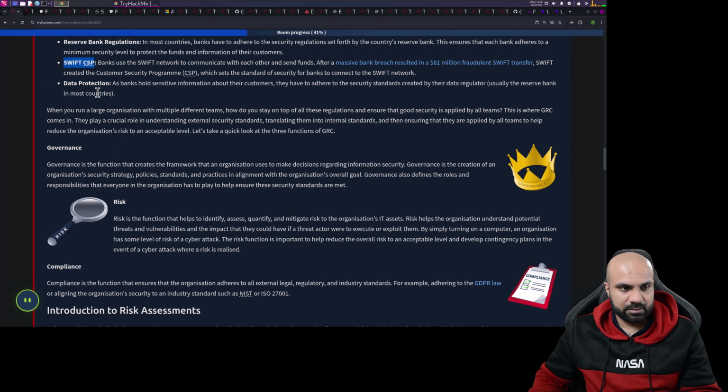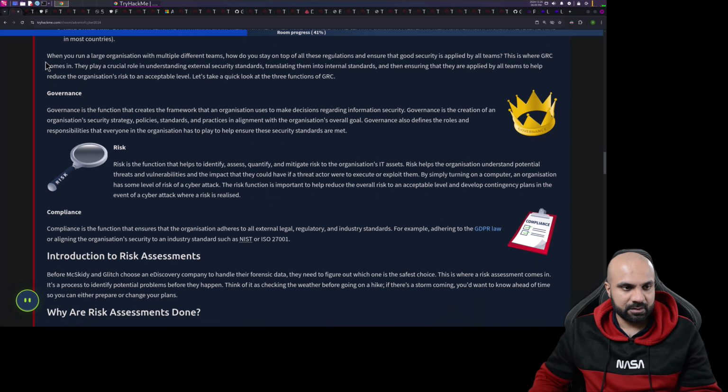Okay, so for data protection, as I told you before, the PCI DSS standard is the way to go for the banks, or maybe for anyone who receives or stores customer data. Customer data could include the credit card information, first name, last name, when the card is expiring, and all of those things as well.